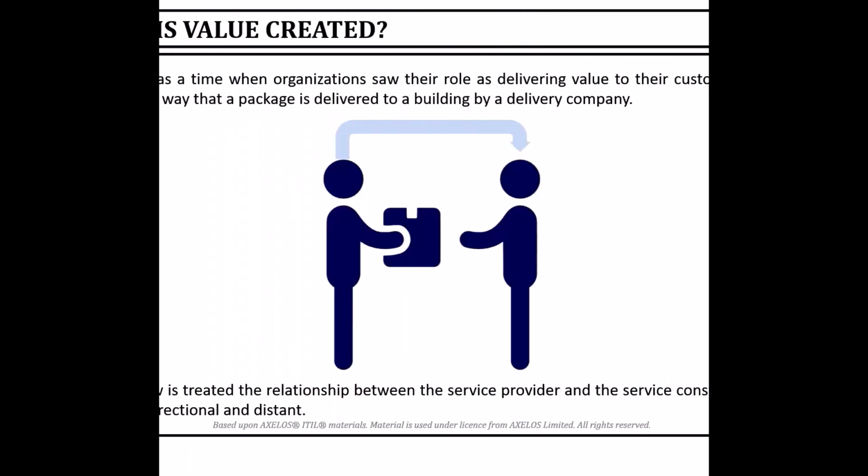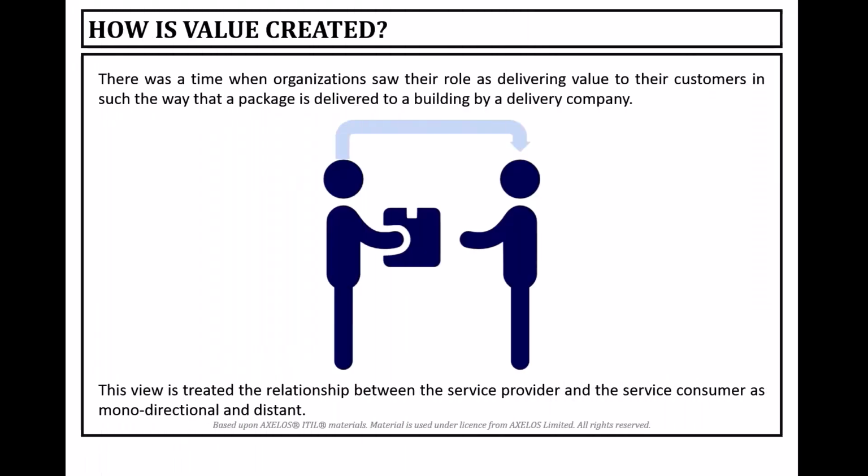How is value created? Traditionally, organizations considered their role as delivering value to their customers, like a package delivery service. And there was a time when organizations who saw themselves as service providers viewed the role as delivering value to the customer in much the same way.